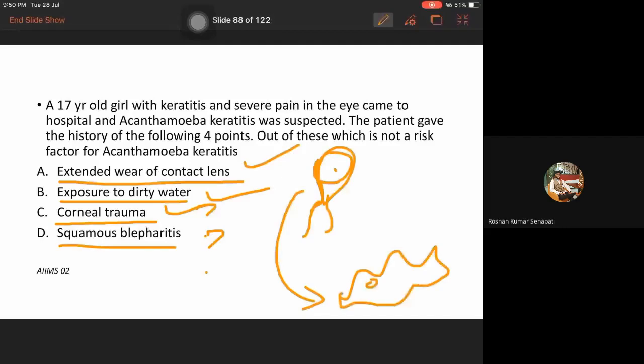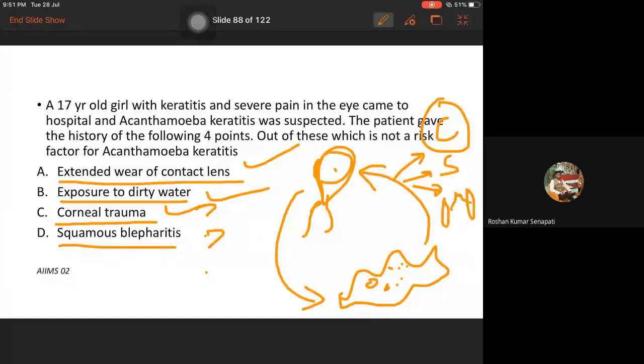This completes the cycle, but accidentally it can infect humans and gain entry through the cornea, skin, that is through trauma, and through the lungs, in a swimming pool. So corneal trauma, yes, absolutely, not squamous blepharitis. That is not a risk factor for Acanthamoeba keratitis.